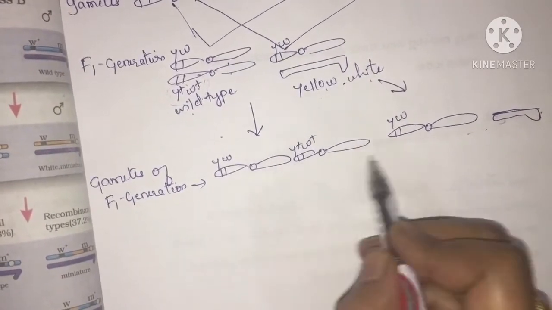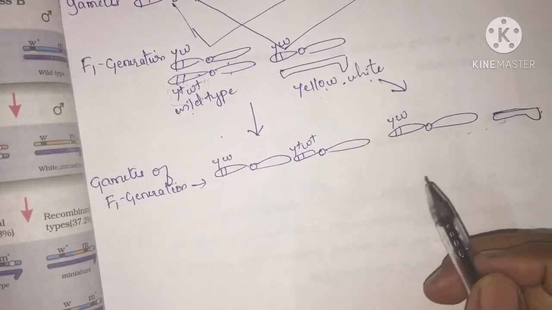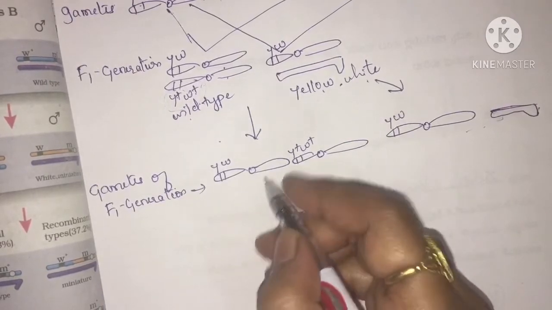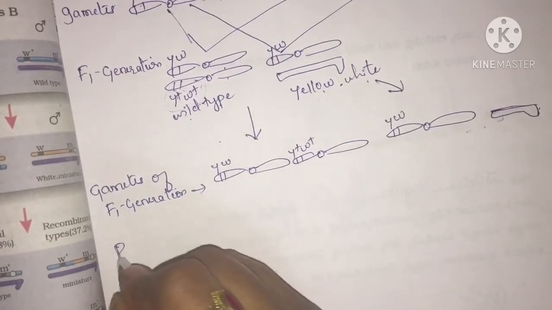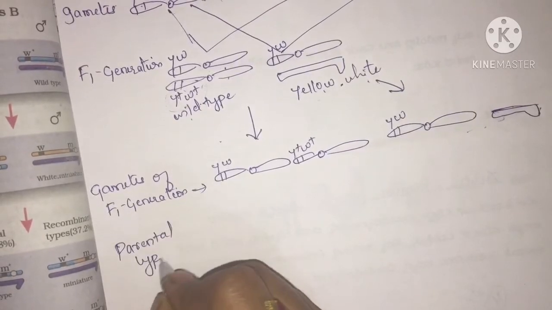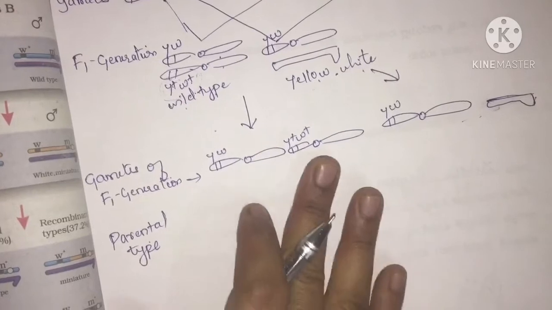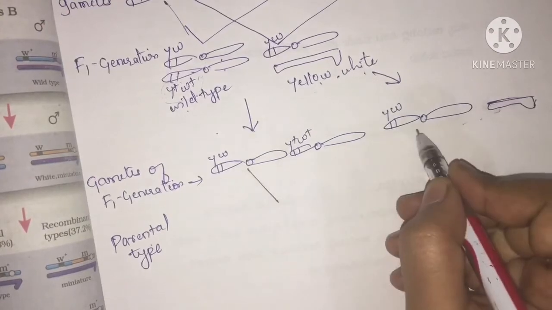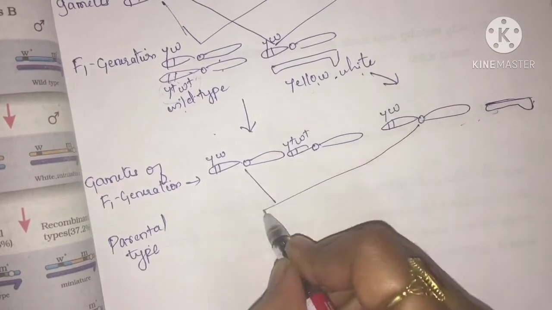Now first we shall give the parental type and then the recombinant type. Parental type means as it is present in the parents. Fine, I shall show you the recombinant type also. First we shall see the parental type. Now, for the parental types, we'll cross this. We shall take this one and cross it with it.